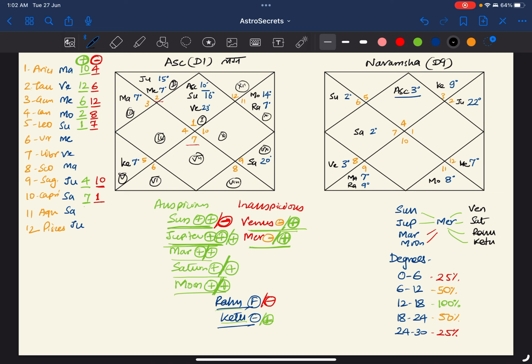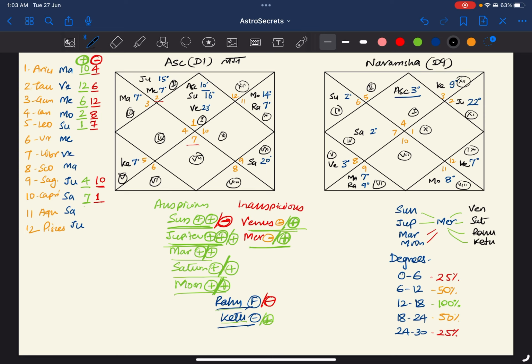Similarly, in the second one, the houses will remain constant: first house, second house, third house, fourth house, 5th, 6th, 7th, 8th, 9th, 10th, 11th and 12th house.